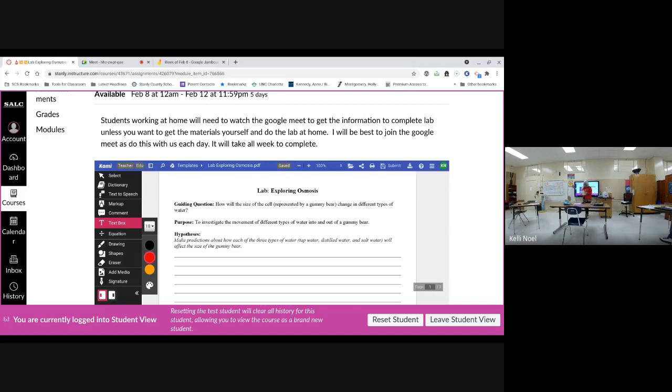All right, so for this, if you look at the guiding question, how will the size of the cell represented by the gummy bear change in different types of water? We're going to investigate the movement of water into and out of a gummy bear. So you're going to make predictions.